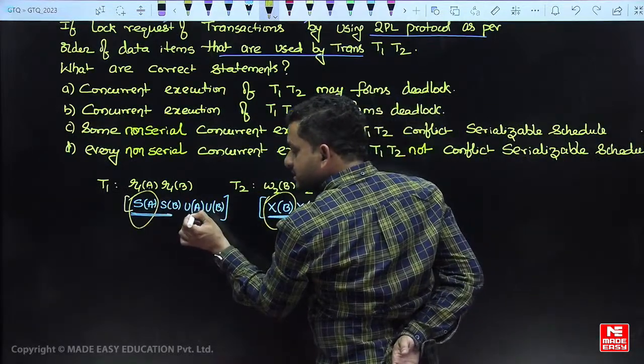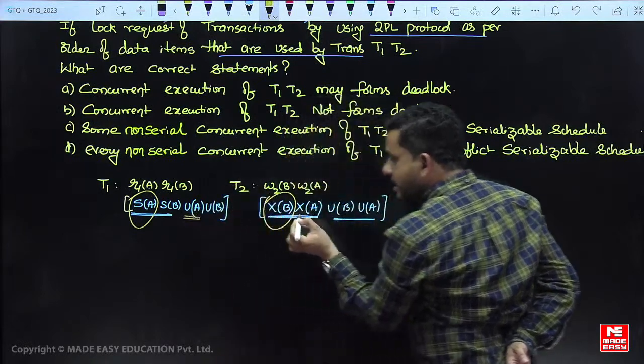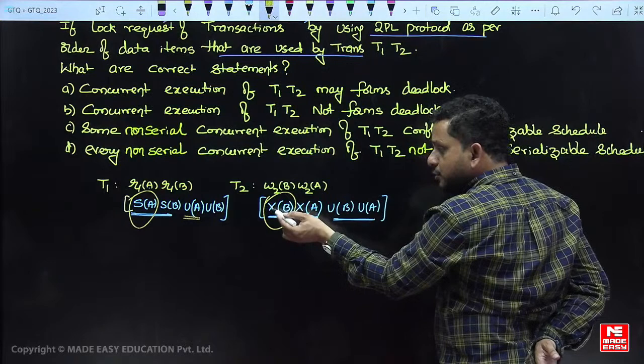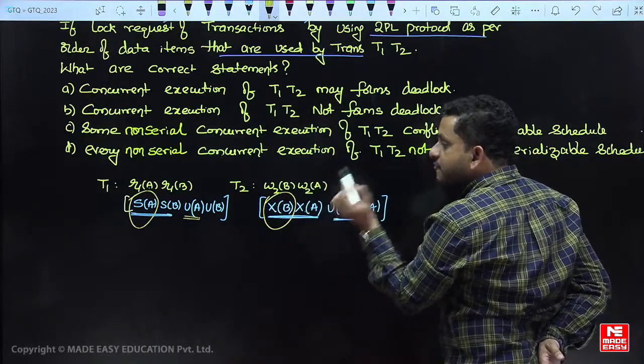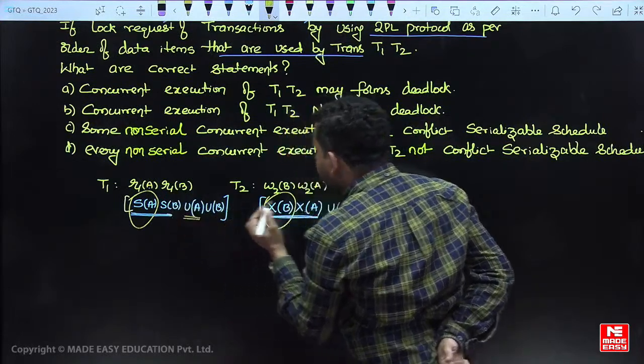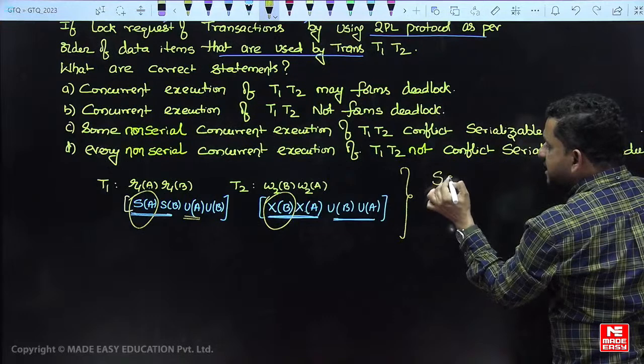Until T1 gets B, it will not release A, and until T2 gets A, it will not release B. T2 is waiting for A and T1 is waiting for B, so it can form a deadlock. This is the expected schedule.